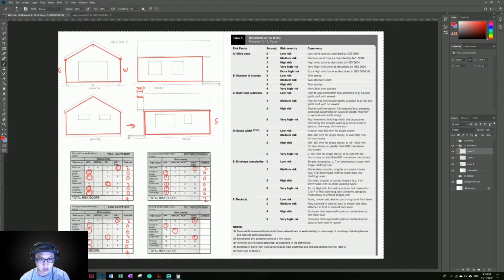5. Envelope complexity, still super simple. So I'm going to go with 0, and there's no decking on that side, so it's 0. So now if we total the score, it's going to be 2, 0, 1, 5, 0, 0, and so that's going to be a total of 8.